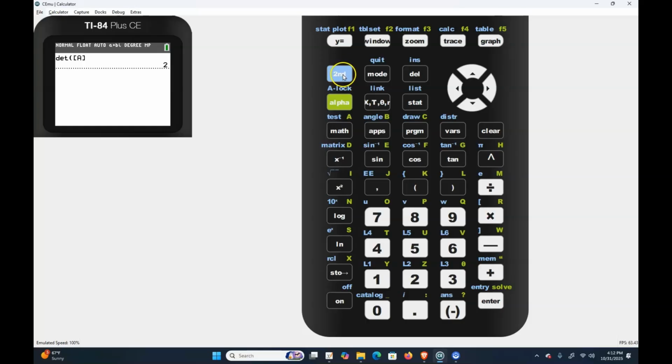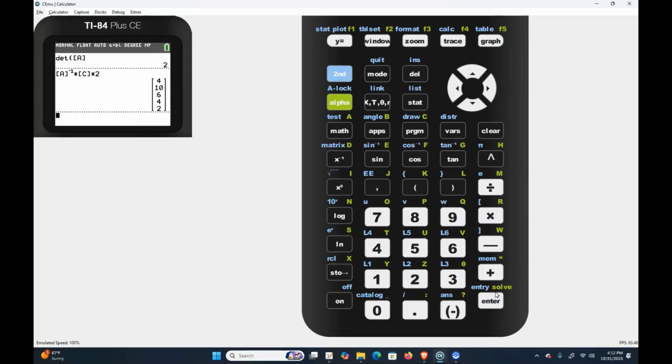So let's solve for the A, B, C, D, and E. Second matrix, A reciprocal times matrix C times the determinant of A, which we calculated was a 2.